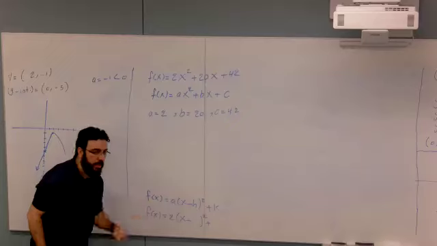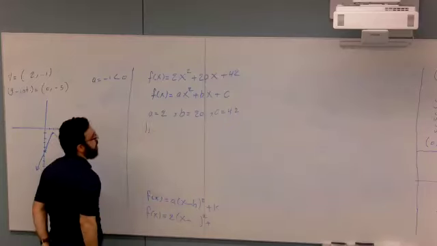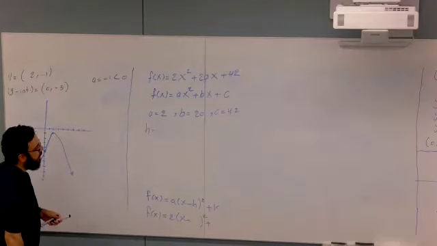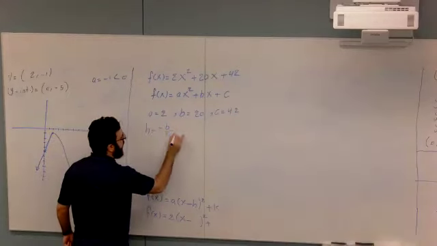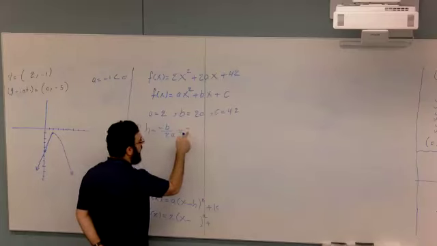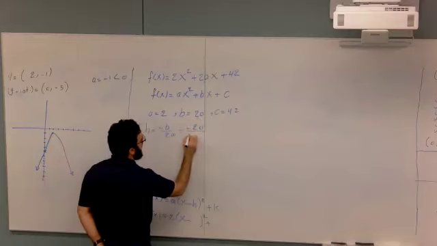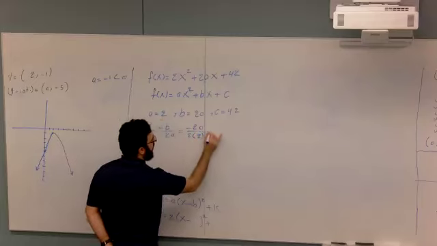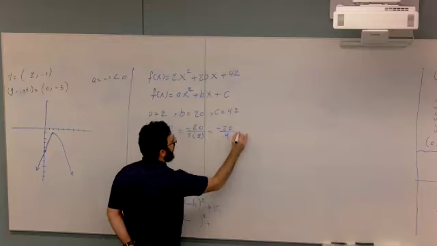Now I need to find h. Let's go back again. h equals what? Negative b over 2a. Negative b over 2a. Which is equal to, how much? Here is the negative with the formula. How much is the value of b? 20. So negative 20 divided by 2 times, how much is the value of a? 2. So it's going to be negative 20 divided by 4, which is equal to negative 5.